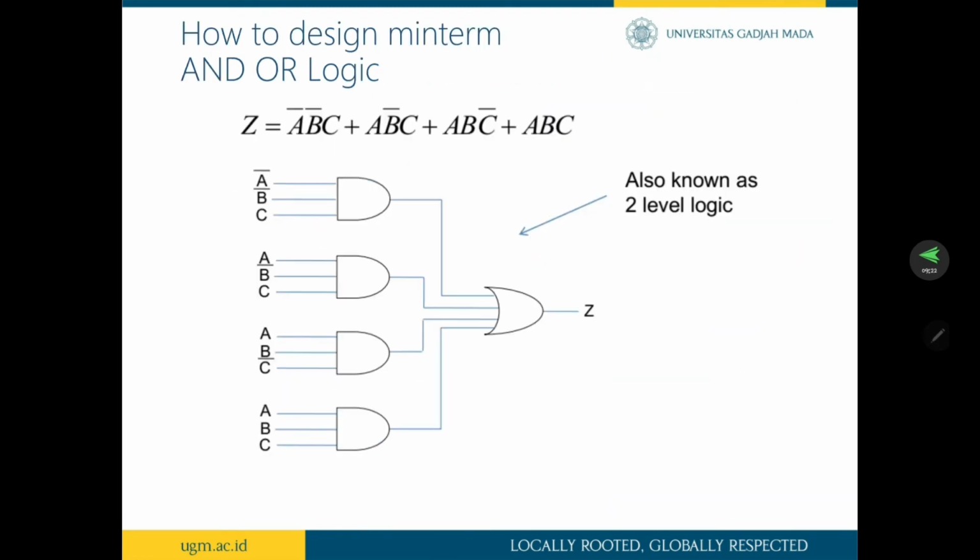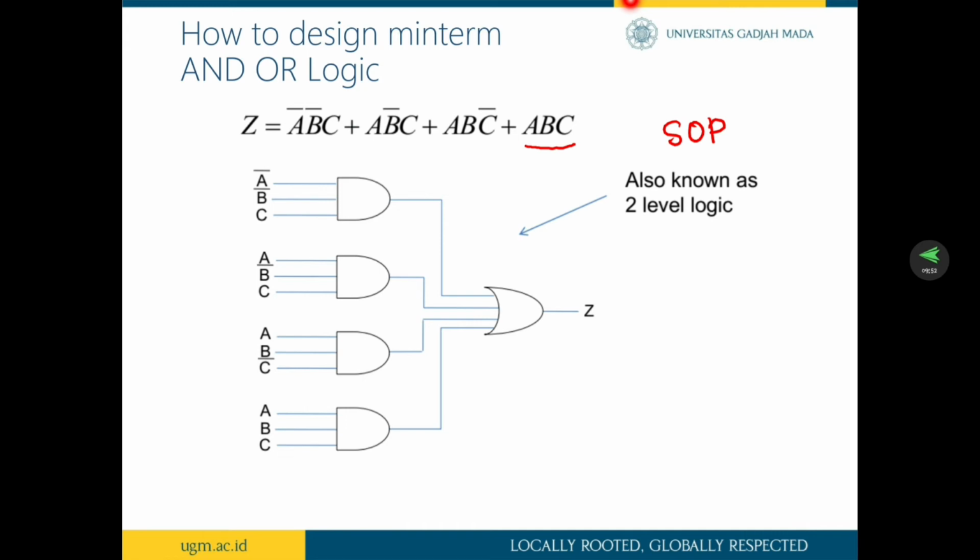Okay, next. How to design AND-OR logic. So this is the sum of product. We know that in the canonical form of sum of product, we must write all the variables or all the inputs for every element of the minterm.